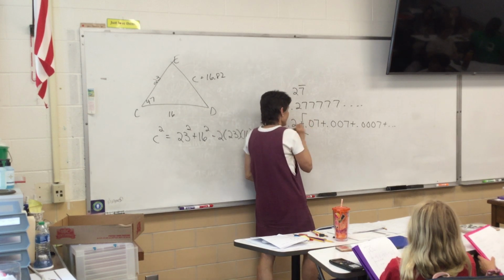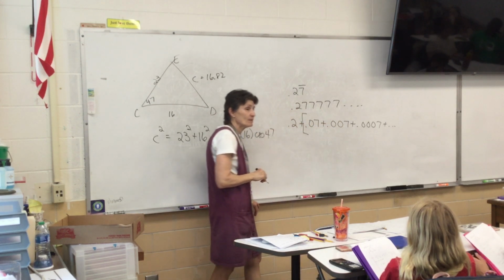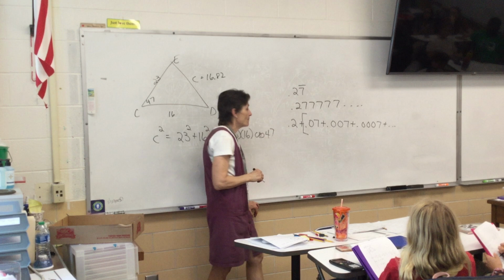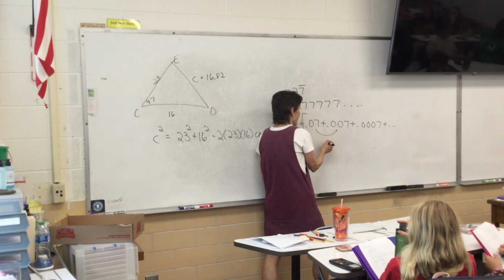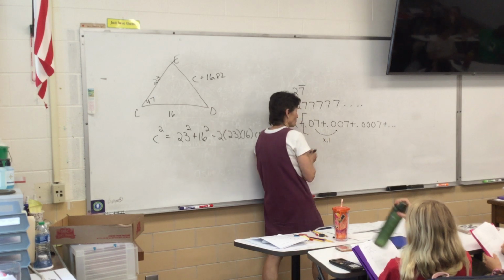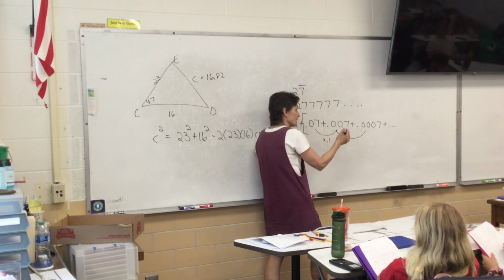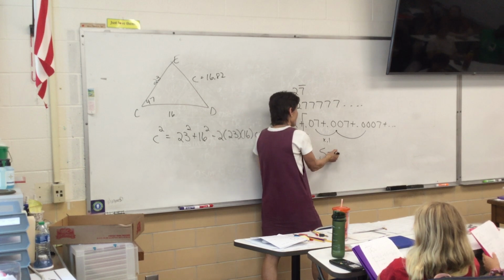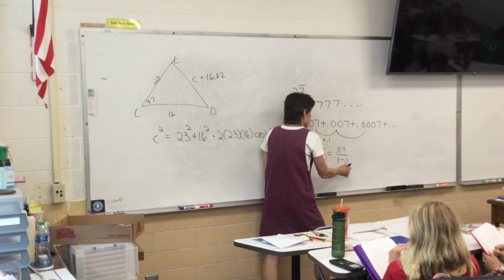This much of it is an infinite geometric series, because we are getting from here to here by multiplying by 0.1, 1/10, and a 10, and a 10. So the sum will be 0.07 over 1 minus 0.1.